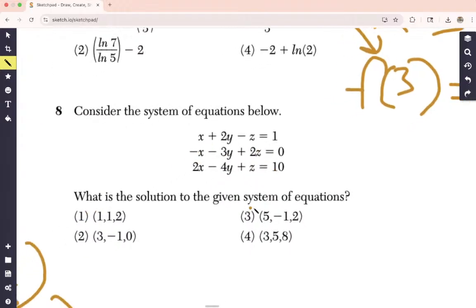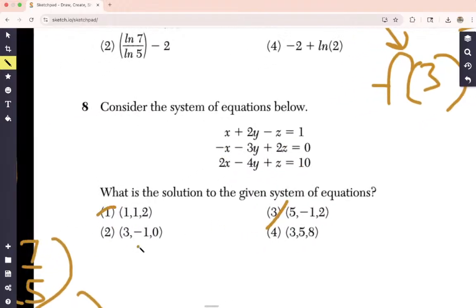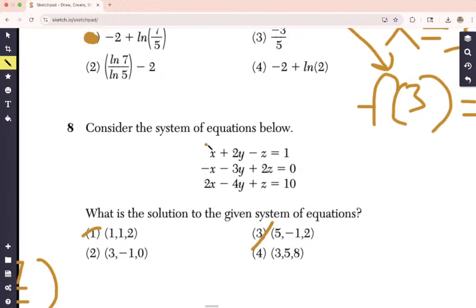Alright, let's do number 2. Let's see if this is correct. When x is 3, y is negative 1, so that's 2 times negative 1, which is negative 2. And z is 0. So that's 3 minus 2, which is equal to 1. Let's check this one.